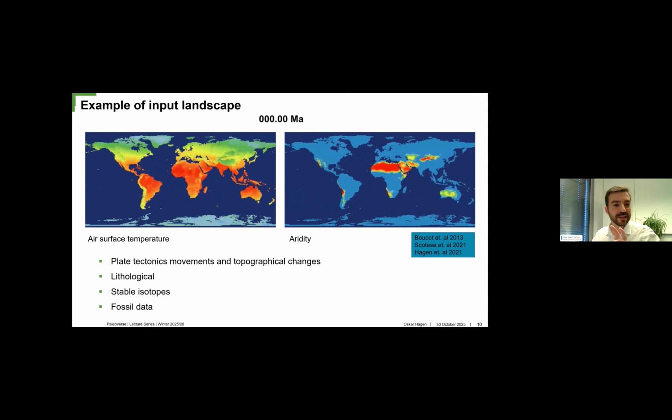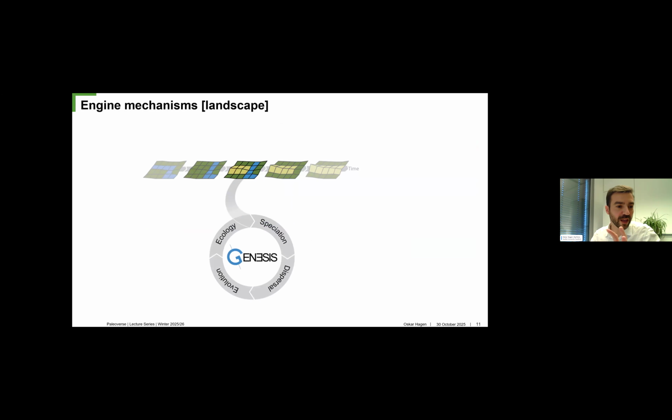To simplify this landscape, now I would like to show a very small cartoon of how the engine works. And for this, I'm using a very simple landscape composed of some highlands, some lowlands, and a small river. I hope you can see my mouse here. So basically, the idea is that these landscapes change in discrete time.